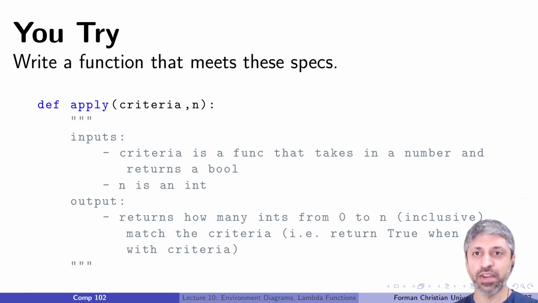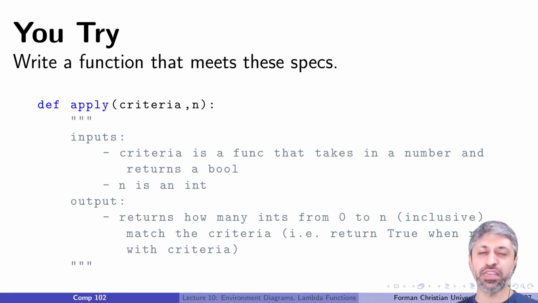Criteria takes a number and returns a Boolean. And then you have n, which is the second parameter, an integer. And what's the output? It returns how many integers from 0 till n, including 0 and n, match the criteria, for which criteria returns true. So you need to count how many values between 0 and n the criteria function returns true for. So that's what you need to do.